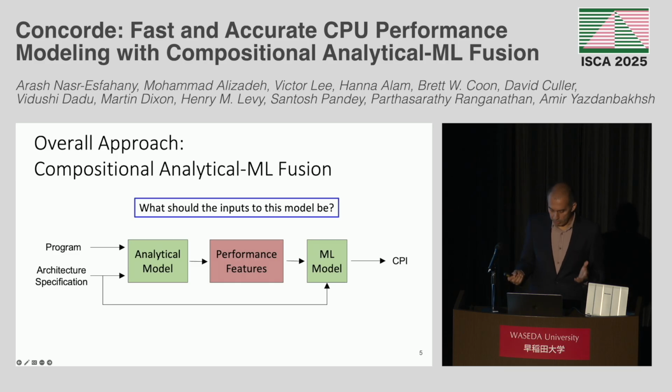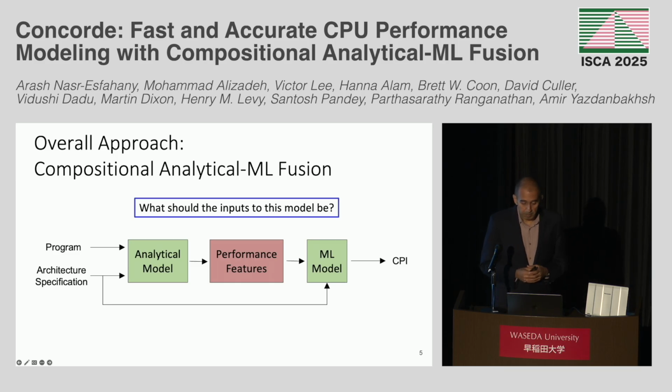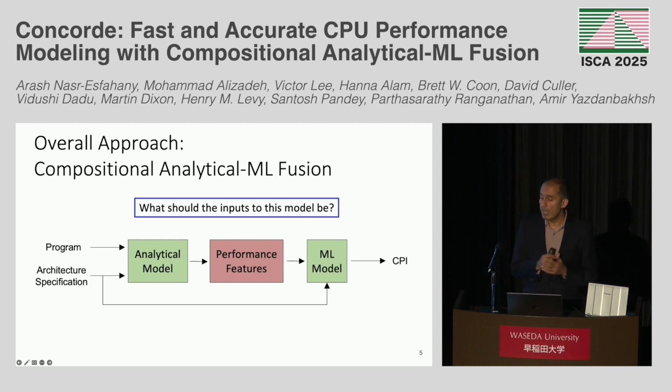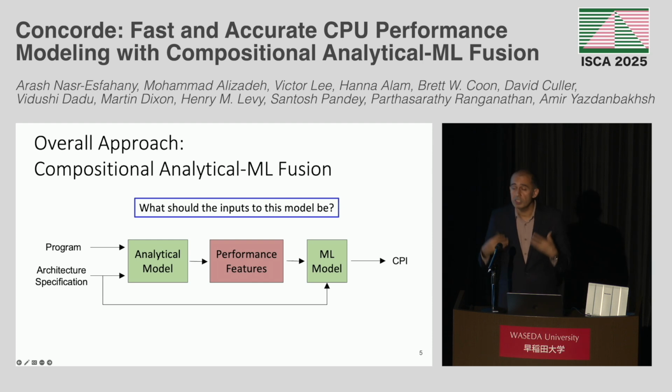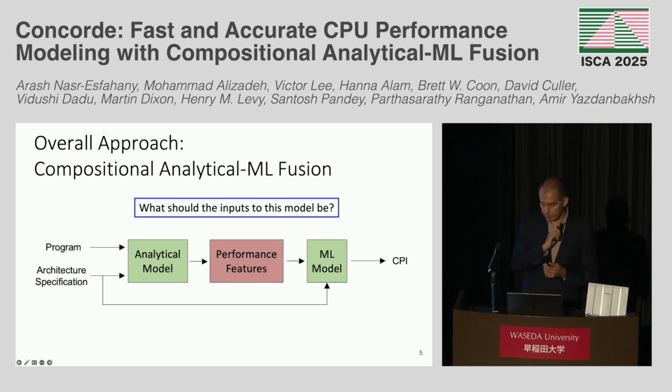So the result is Concorde, a model that runs as fast as an analytical model while achieving relatively high accuracy. And we call this architecture and this methodology of modeling a system compositional analytical-ML fusion.